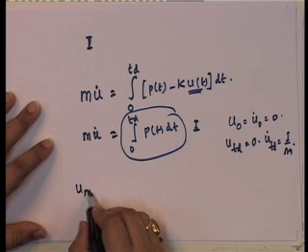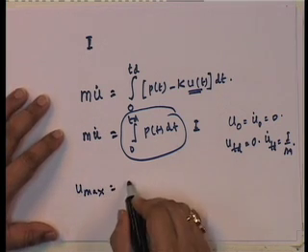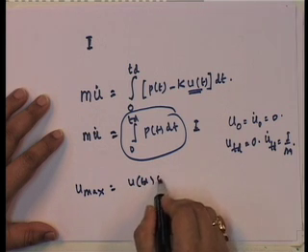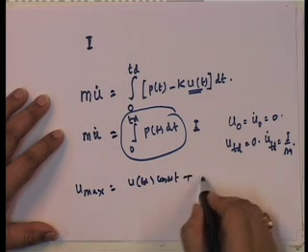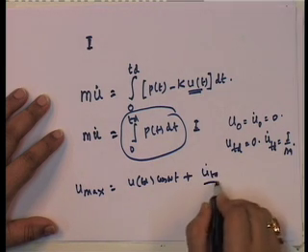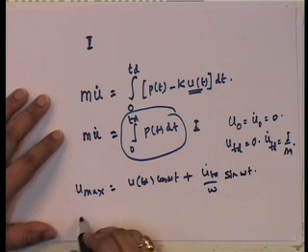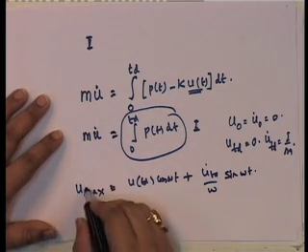My u max becomes equal to u(T_d) cosine omega t plus u dot(T_d) upon omega sine omega t. So, that is u(t).